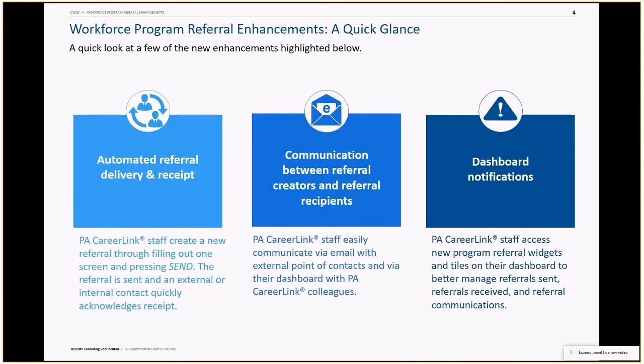So with the automated referral and delivery receipt, external referrals will be sent by way of an email, and communication will take place within CWDS. But the referral going to the external agency will happen by way of an email that the CWDS system sends. An internal referral, on the other hand, will show up and be communicated via a widget on your dashboard.